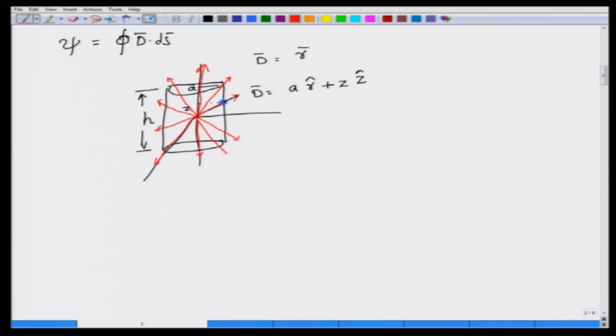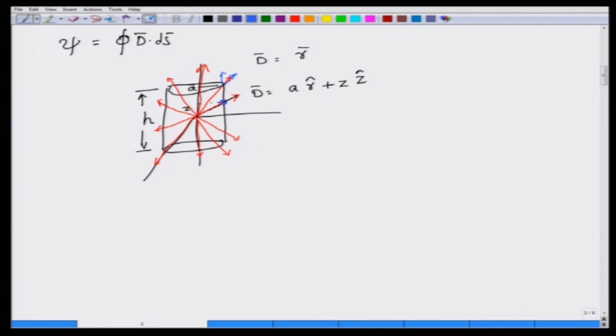So, this is how the D field would look on the surface. At each point on the cylindrical surface, you have to break up that vector r into two vectors, one along the radial direction and the other along the z direction. At the top surface, this particular line will always be along the z axis, this line will be along minus z axis.